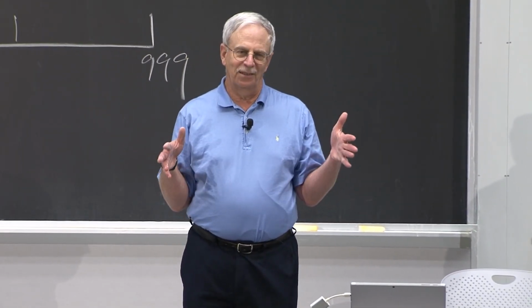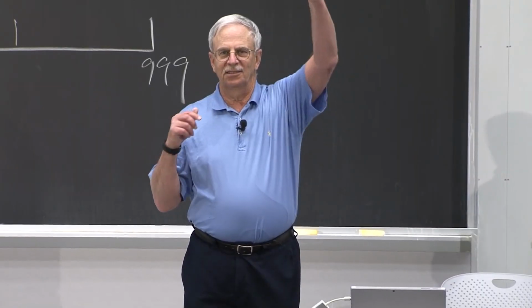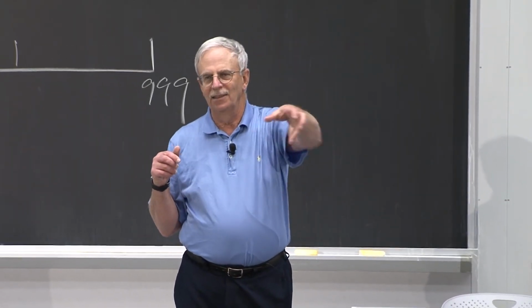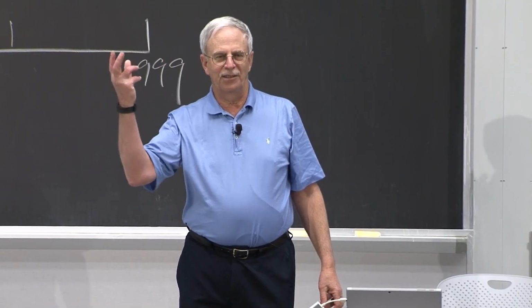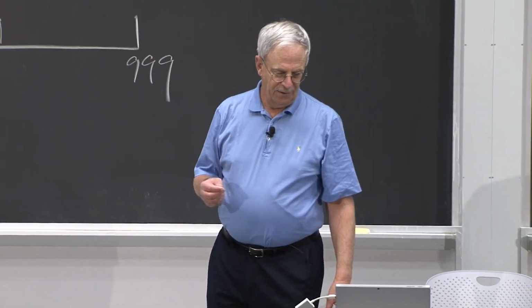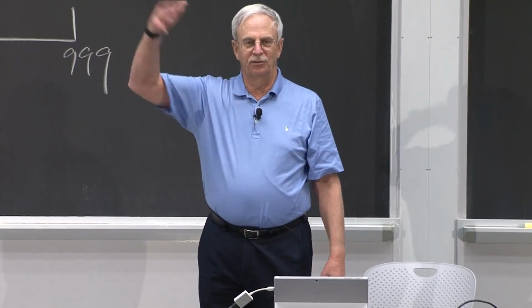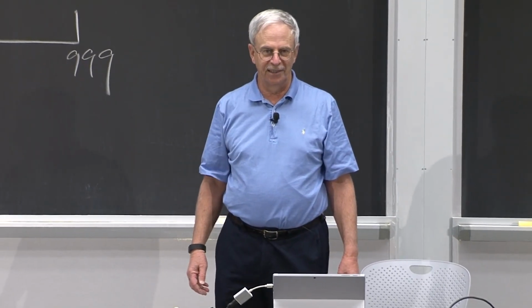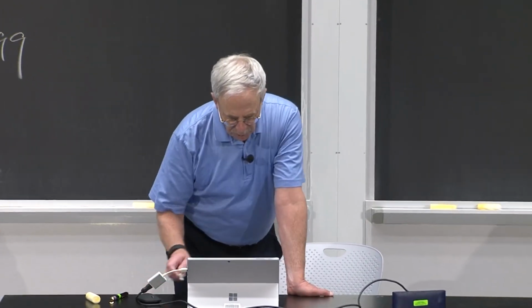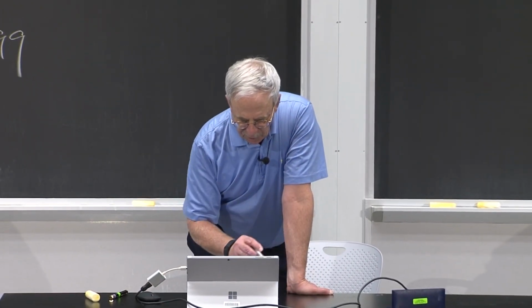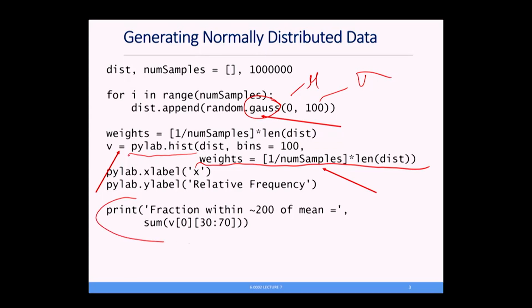The first element is a list or an array giving me how many items are in each bin. And the second is the patches used to produce the beautiful pictures we're used to seeing. So here what I'm going to do is take this value so that I can do this at the end.